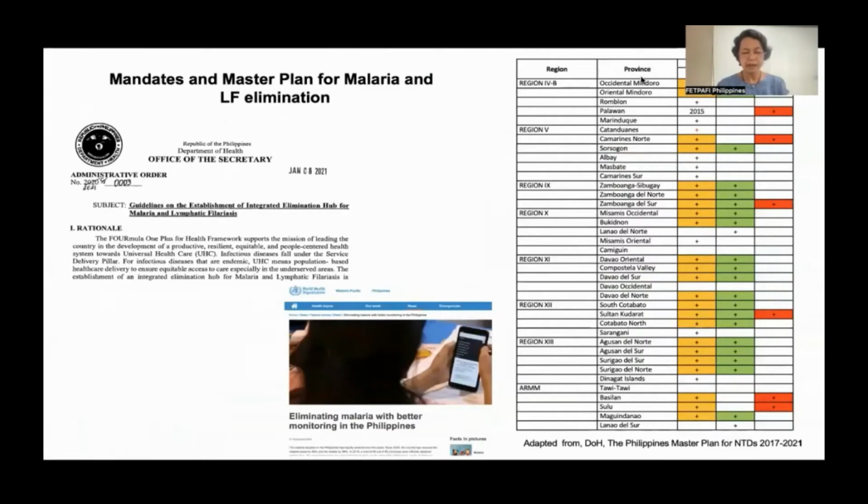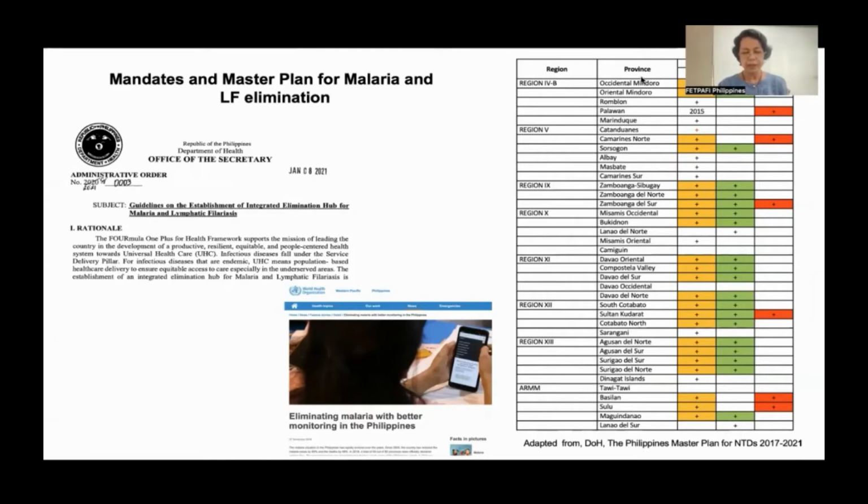Why integrate surveillance for malaria and LF? One reason is that in the Philippines, these two diseases share a common vector, Anopheles flavirostris, and are co-endemic in provinces that still report these diseases. However, there are provinces with these two diseases but Culex as the vector for LF.